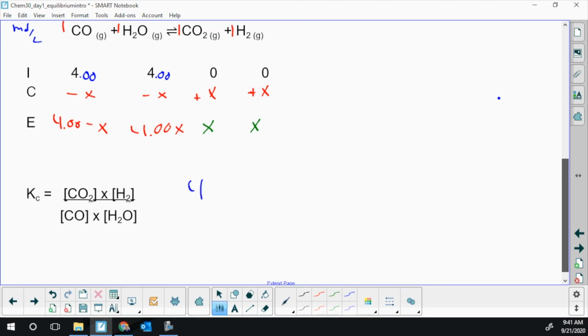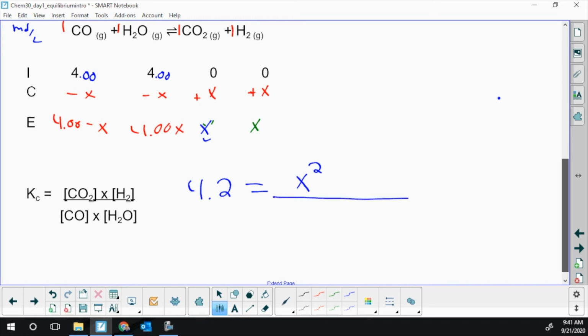So Kc is 4.2 equals concentration of carbon dioxide. That is X. Concentration of hydrogen is also X. Well, I'll simplify that. That's just X squared.